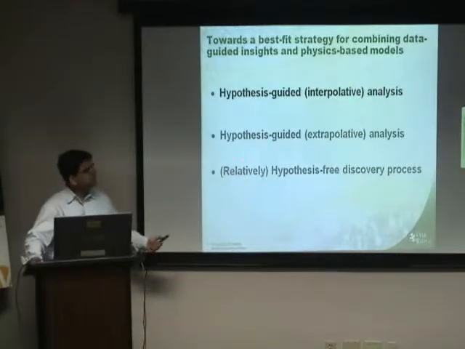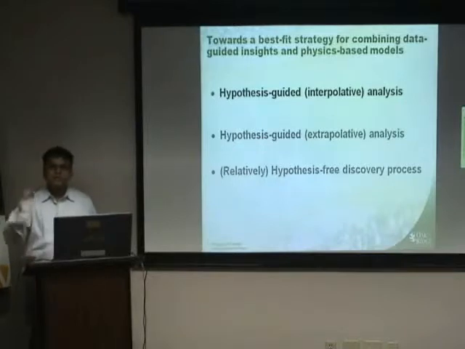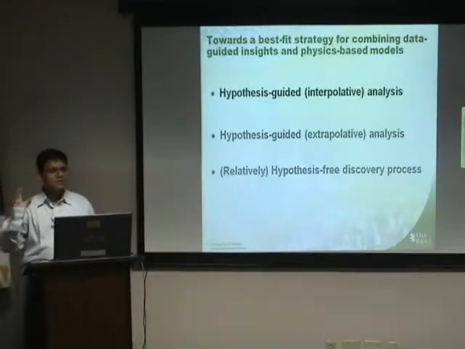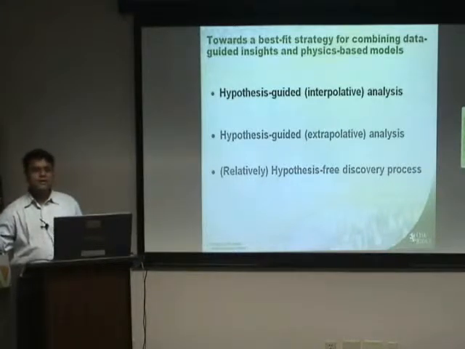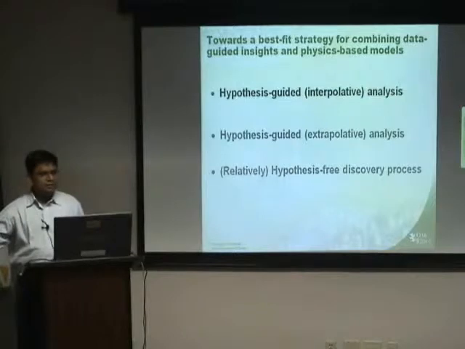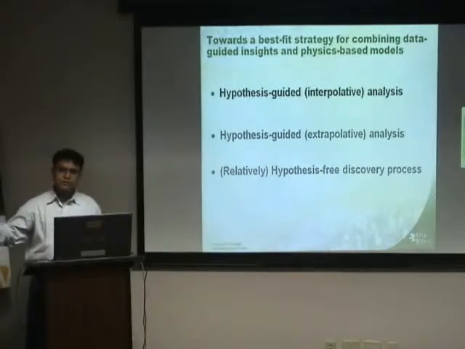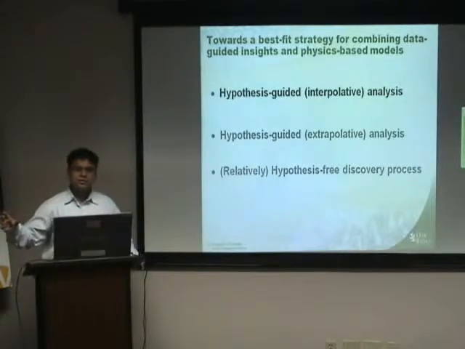The other is hypothesis guided but more extrapolative analysis, which is saying we are interested in extremes and rare events. Let's say we are interested in 100-year events, but we do not have enough data at those tails for those 100-year events. So if we wait 1,000 years, we might get 10 of those on the average 100-year events, but by that time the climate might change.